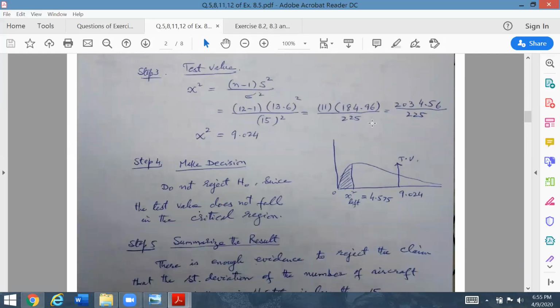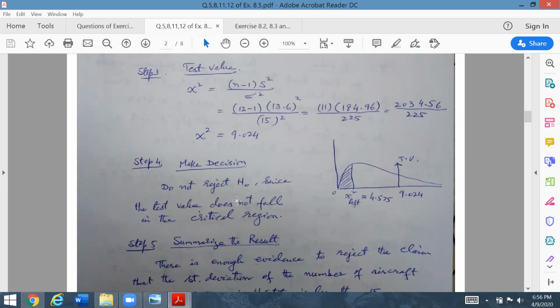While making the decision, you always draw a positively skewed curve, its right tail will be longer than its left tail, remember. Because this is a left tail test, draw a vertical line at the left and write chi square left at the bottom, and its value you found, the CV value, is 4.57. After locating and shading this left tail, you locate the right tail for the test value. Test value is what? 9.024. The moment you move to the right side, the values become larger and bigger. So 9 is larger than 4, so 9 will come on the right side. The test value is not falling in the critical region, so do not reject H0.